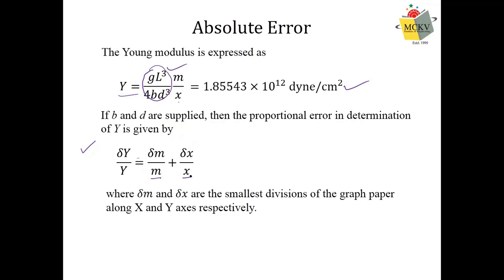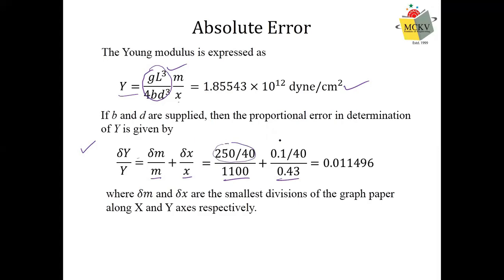For your data set, you will get a different value. So it is 1100 and 0.43. Suppose one smallest division along the x-axis was 250 by 40, and one smallest division along the y-axis was 0.1 by 40. Therefore, delta m and delta x are the smallest values along the x and y axes.